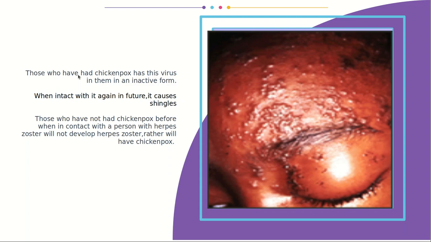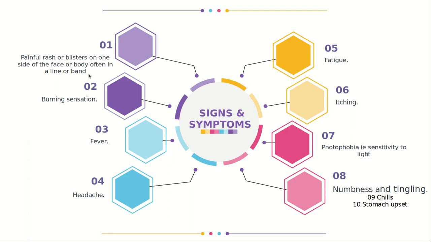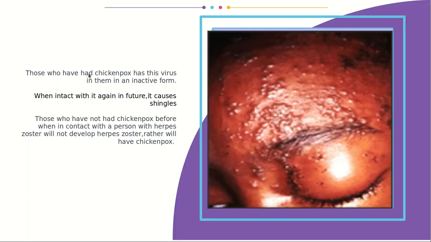So those who have had chickenpox have this virus in them in an inactive form. So when they come in contact with it again, they can develop shingles.